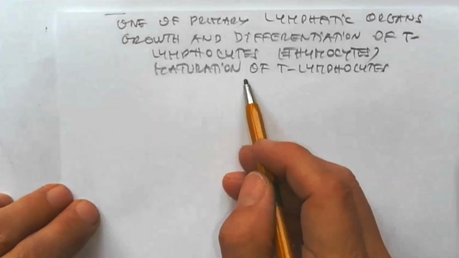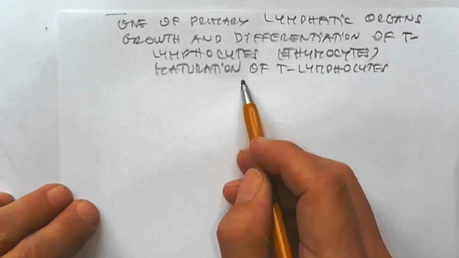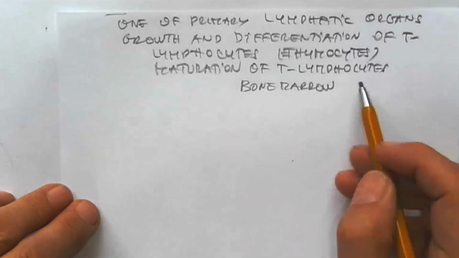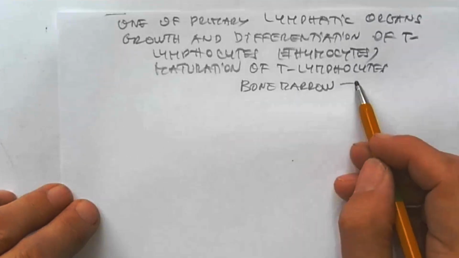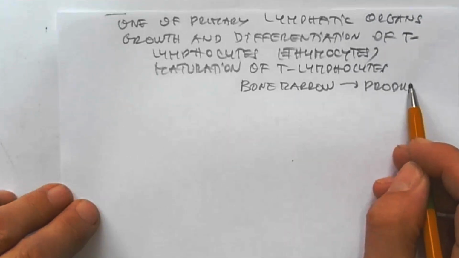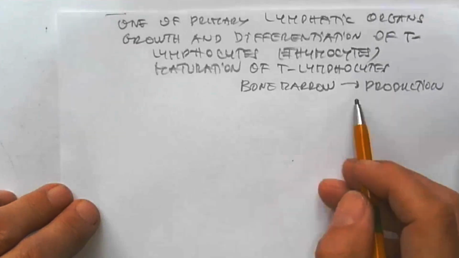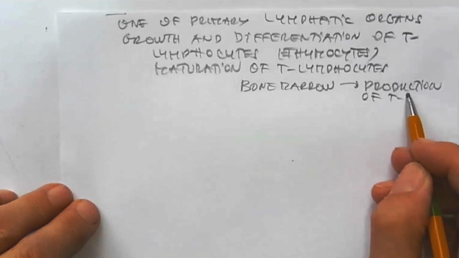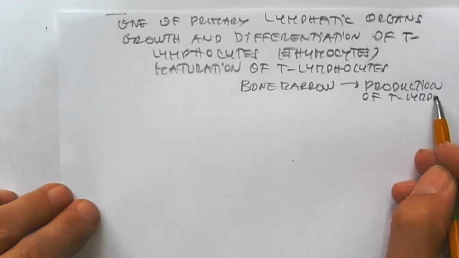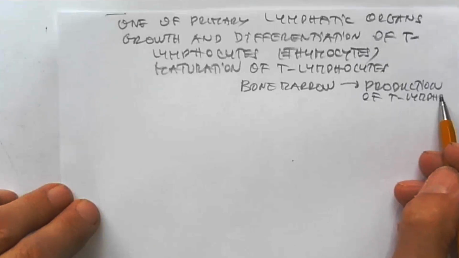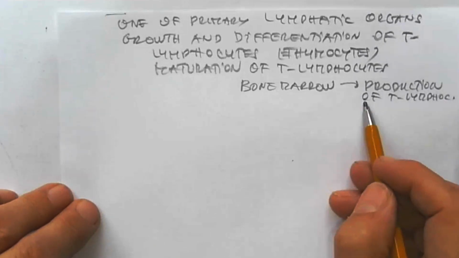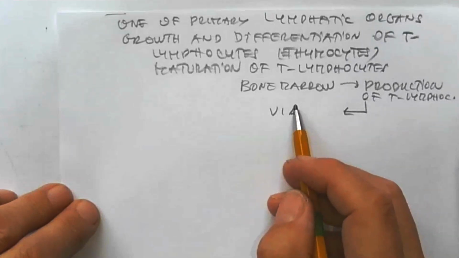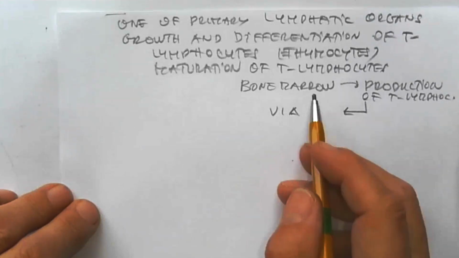So we could say the lifespan. Bone marrow is responsible for full production. So we say production of lymphocytes. They are transported, T lymphocytes, via blood vessels.